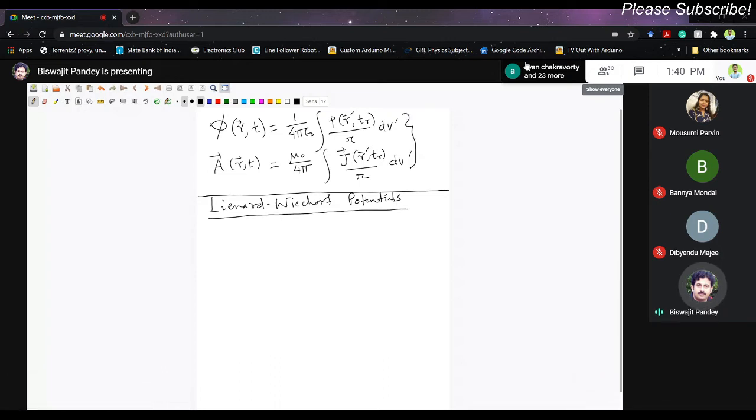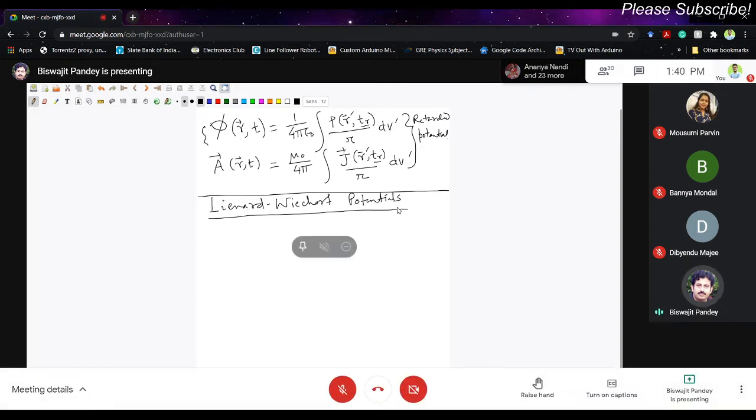These we already know as retarded potentials, the general terminology, because the potentials are sourced by the charge density and current density from a retarded time tr. That's why they're called retarded potentials. But again, this is another name, another set of potentials. We shall arrive at those potentials from this expression only.